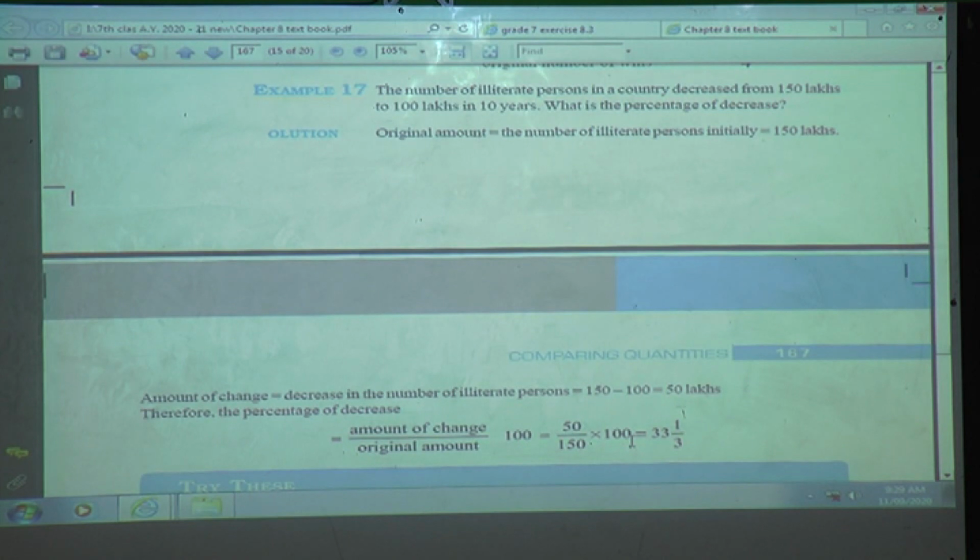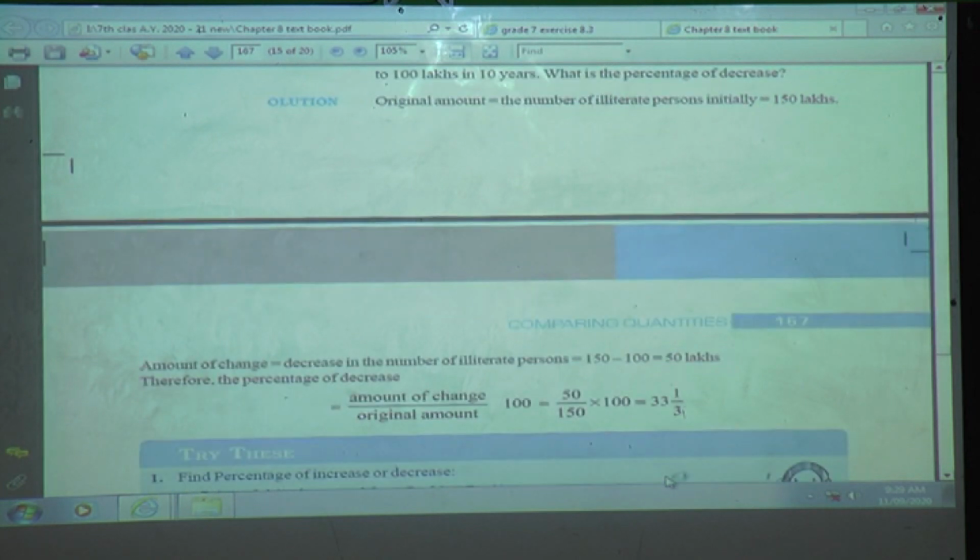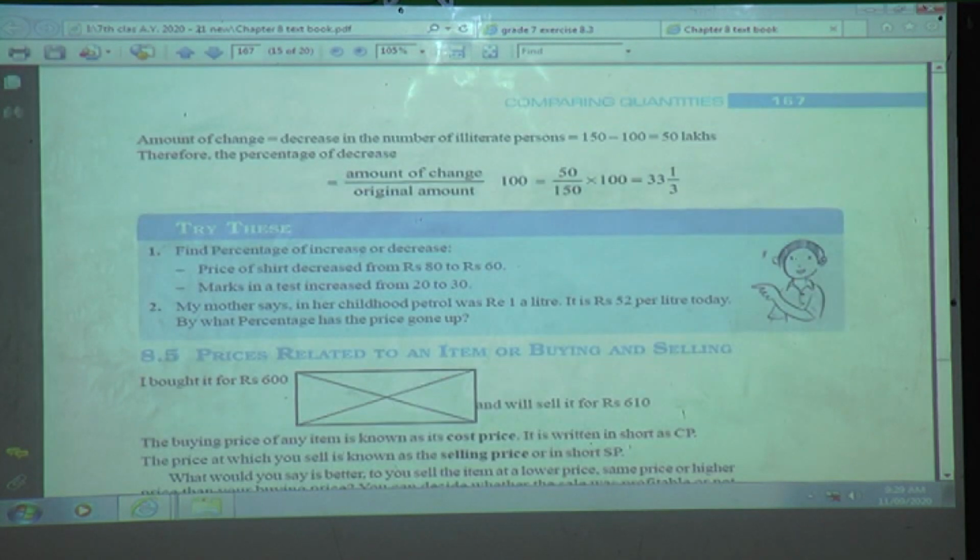We reduce this fraction to its lowest term and multiply by 100. After the calculation we get 33 whole 1 upon 3. In this way we found that the decrease in illiteracy in 10 years was 33 1/3 percent.